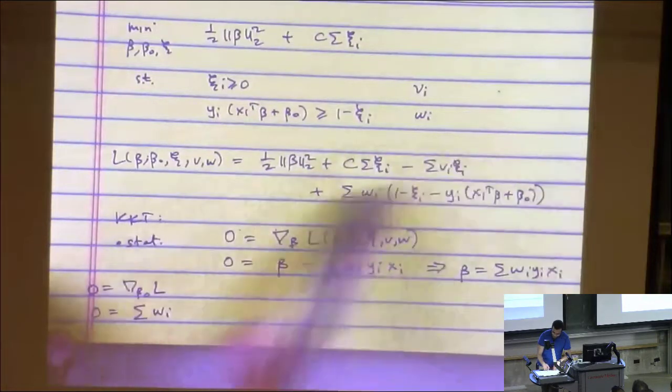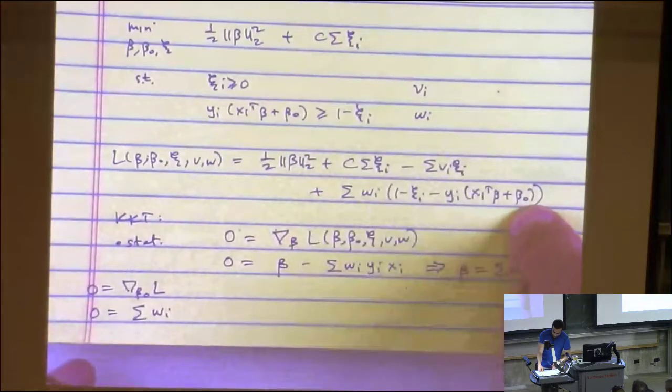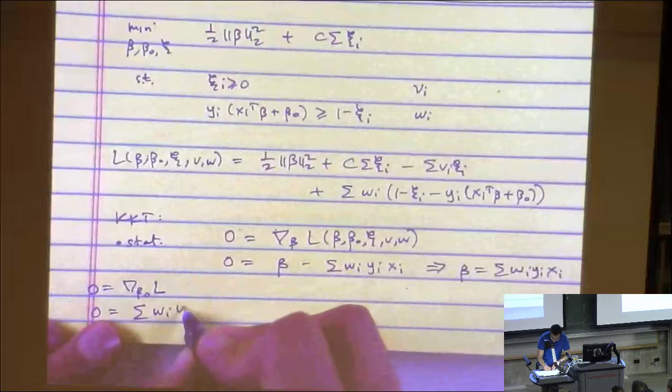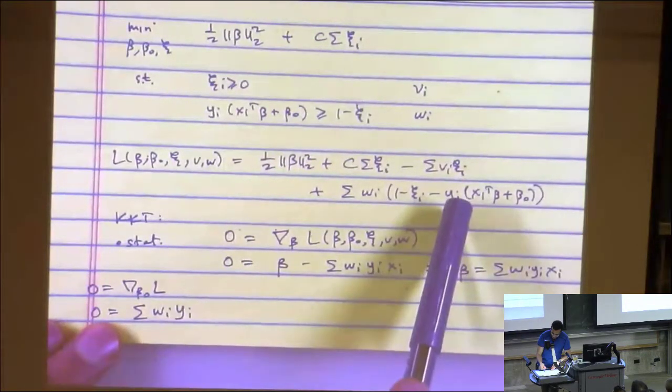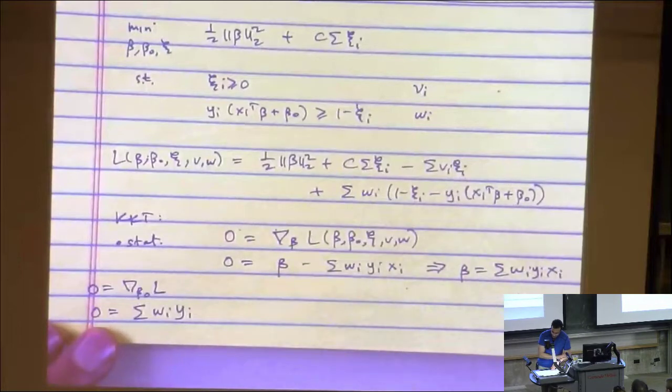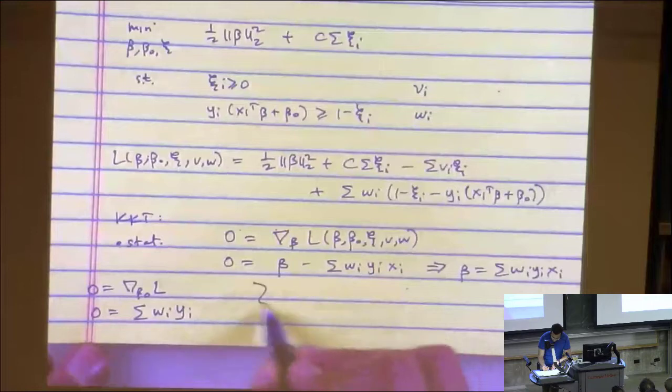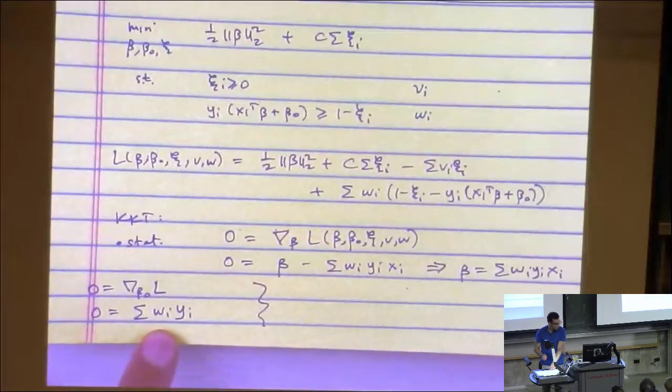Because nothing here involves beta 0 except for this last term, beta 0 times y_i times w_i. Those are the only terms we have. So this is going to be a constraint on our dual variable w.